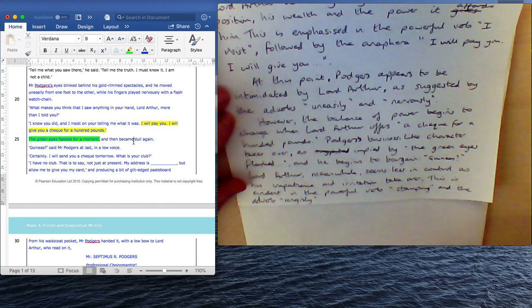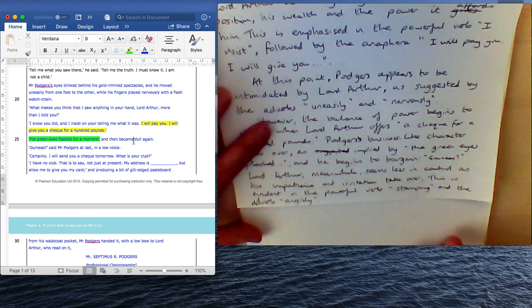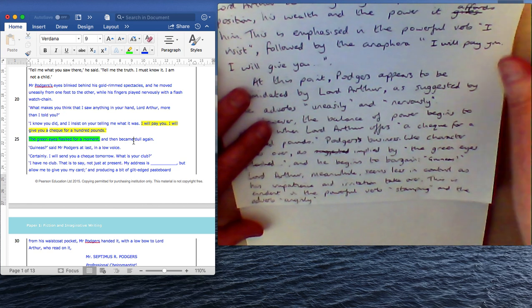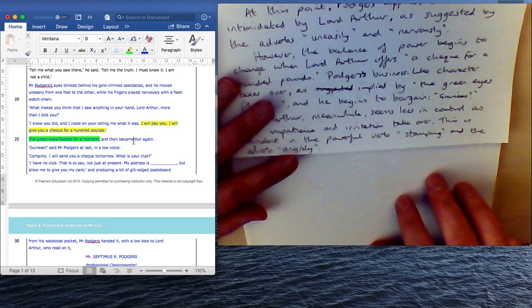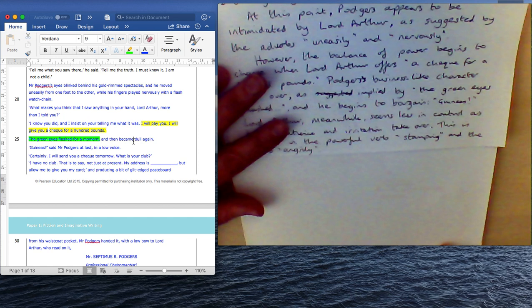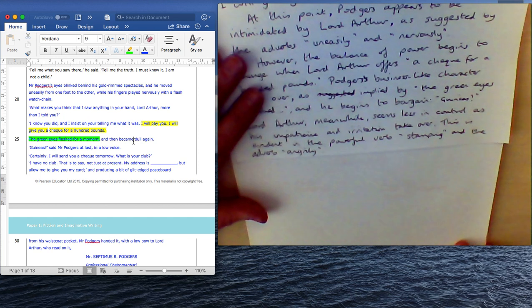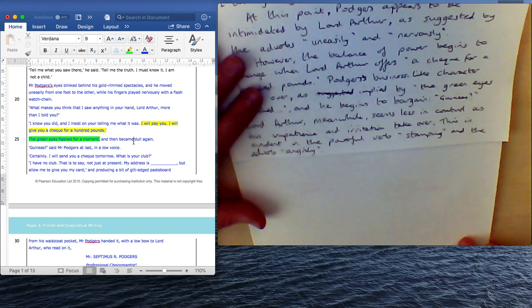Okay, now I want to sum up at the end, so let me just get my new bit of paper because I've run out of space on this one. So I want to sum up about Podgers' power at the end.